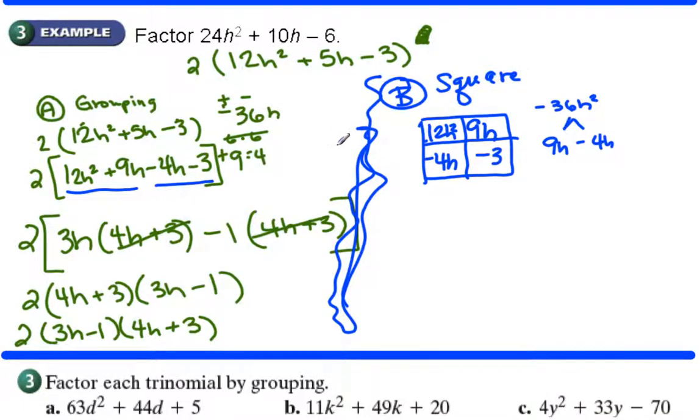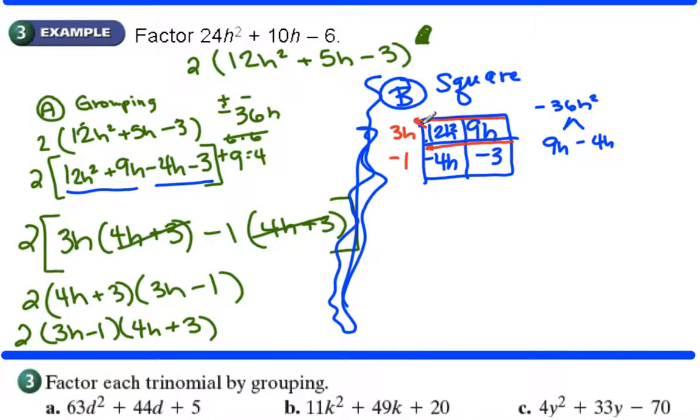Okay, now factor out your greatest common factor. So between 12h squared and 9h, they have a 3 and an h in common. Negative 4h and negative 3, they have a negative 1 in common.